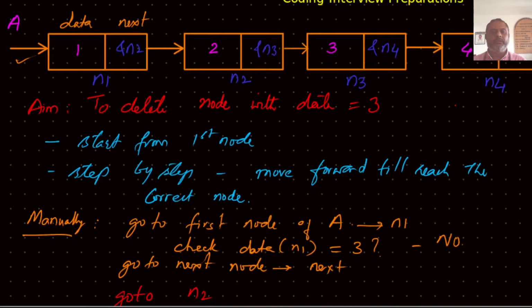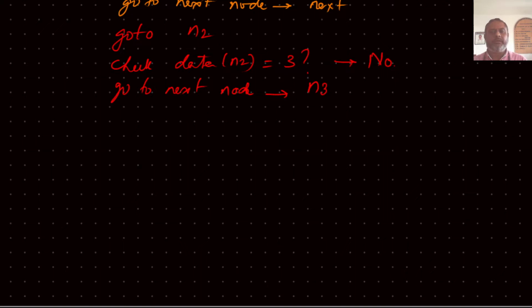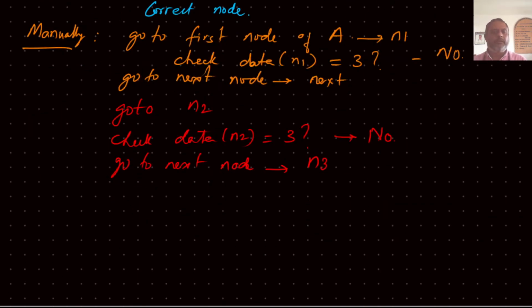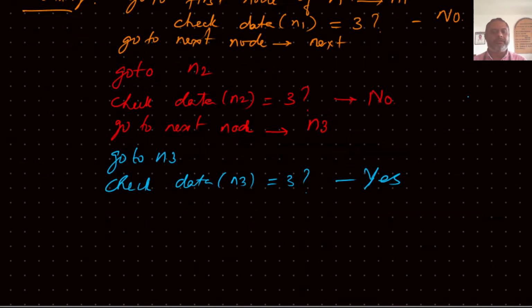What is that next node? It is written here, which is N3. Then go to N3 and check whether data of N3 is equal to 3. Data of N3 is equal to 3, and the answer is yes.